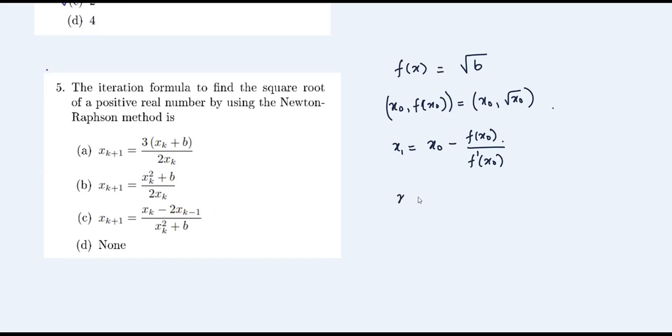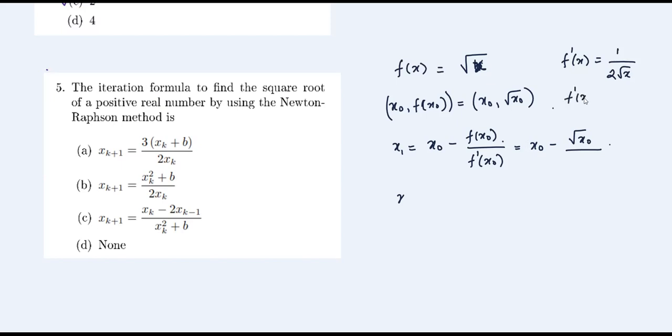So x naught minus root x naught by, what is, x naught is B. F of x naught is root B. F dash x is 1 by 2 root x.